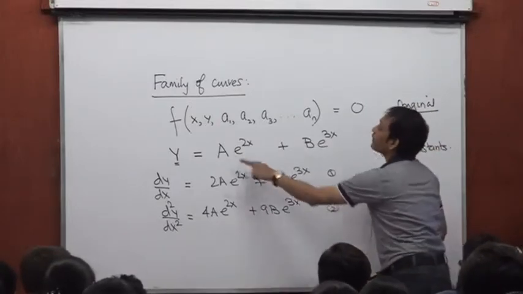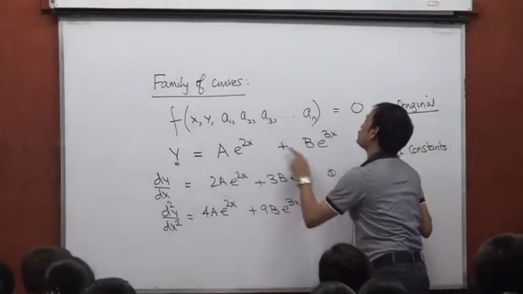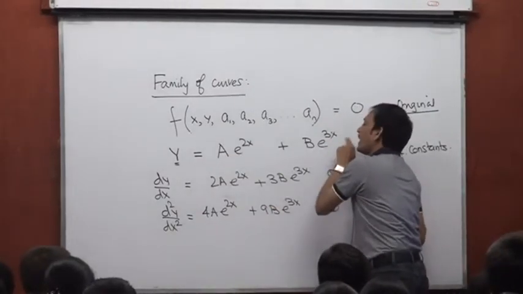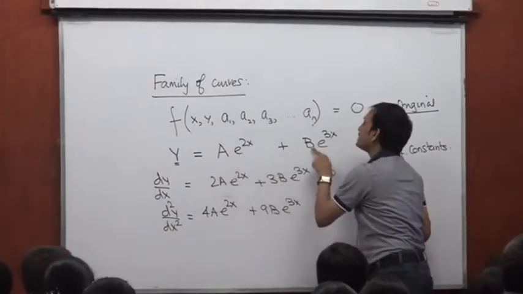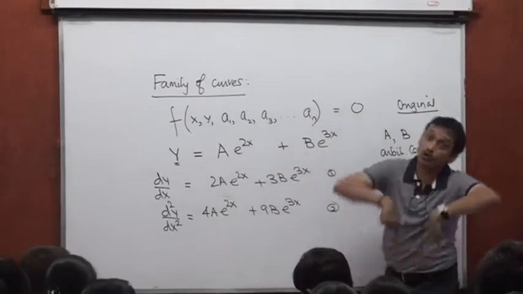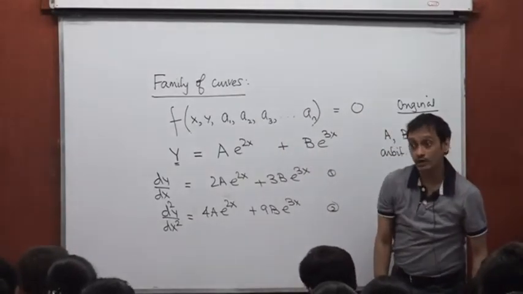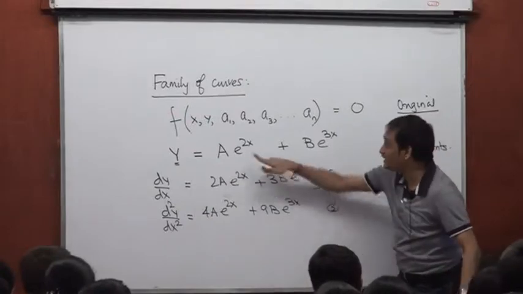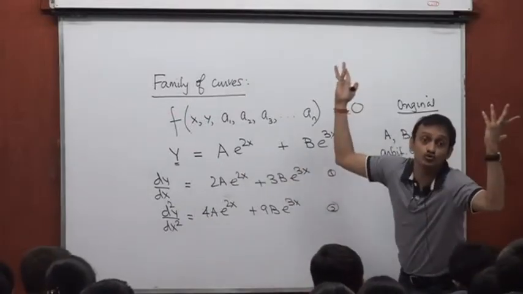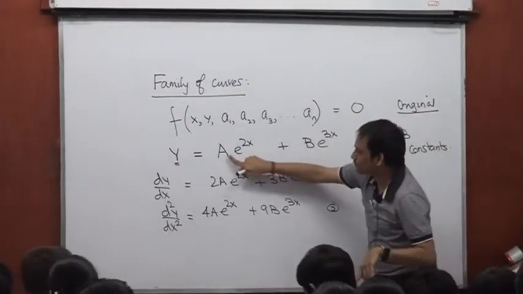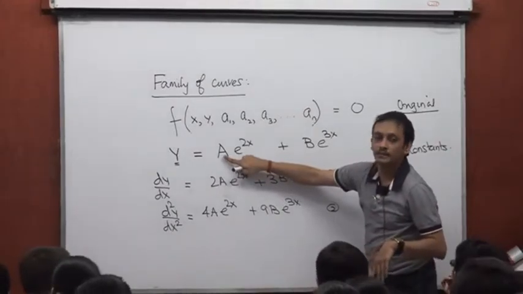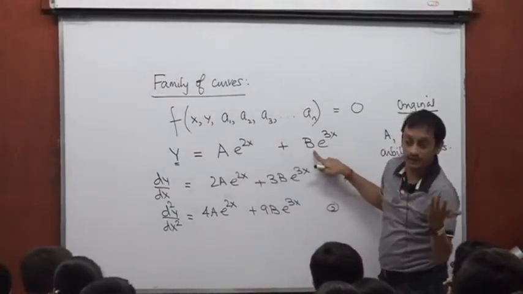I can also say y equal to 5 e power 2x plus 6 e power 3x. That will also satisfy the differential equation, because that differential equation would be satisfied for all pairs of a and b that you choose, right? So that differential equation would be satisfied by, let's say, a equal to 2 and b equal to 3.